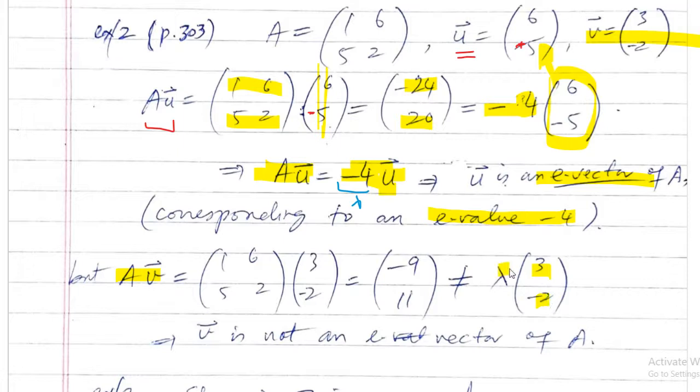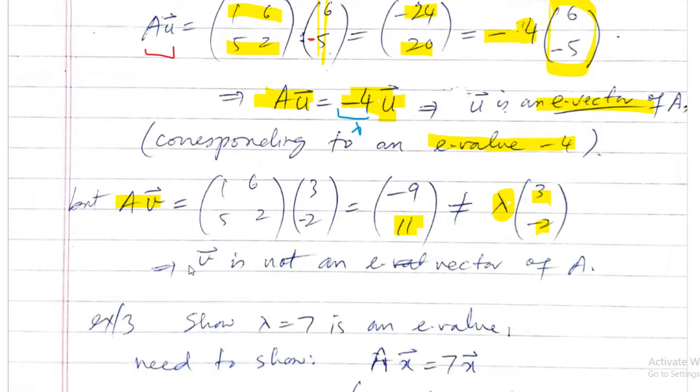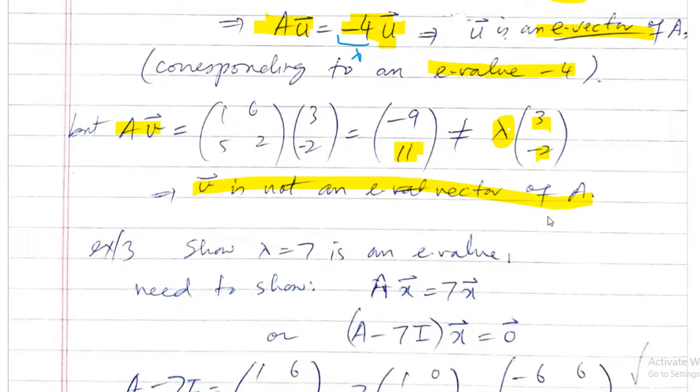To make it minus 9 I need minus 3, but when I multiply minus 3 with minus 2, it does not give me 11. Minus 3 times minus 2 gives you 6, not 11. So it means I cannot write Av as lambda v. So v is not an eigenvector of A. Got the idea of eigenvectors and eigenvalues?